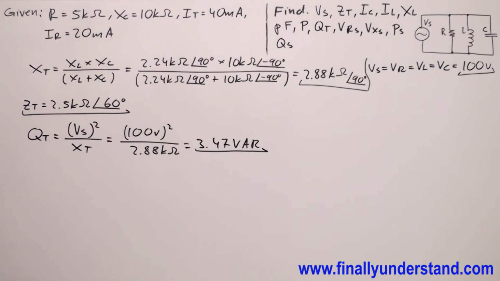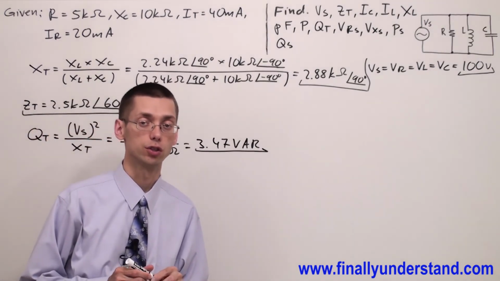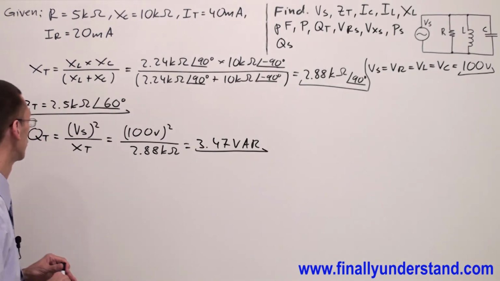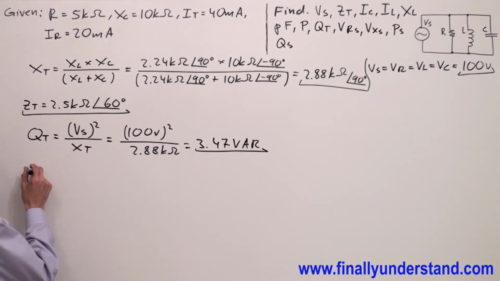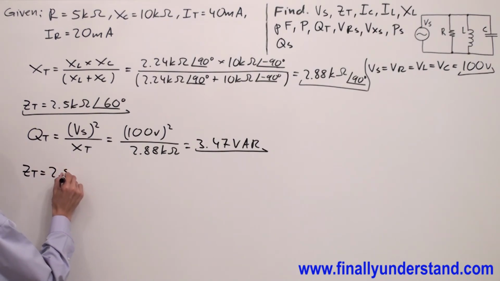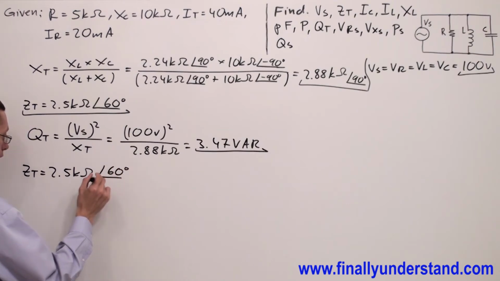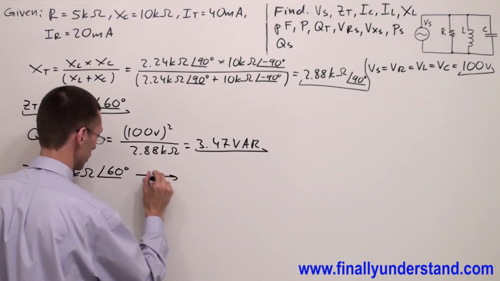Next, I'm supposed to find the values of the components in the series equivalent circuit. So what I'm supposed to do first, I have to write again Z total, and Z total is equal to 2.5 kiloohms and angle of 60 degrees, and convert polar form to the rectangular form.